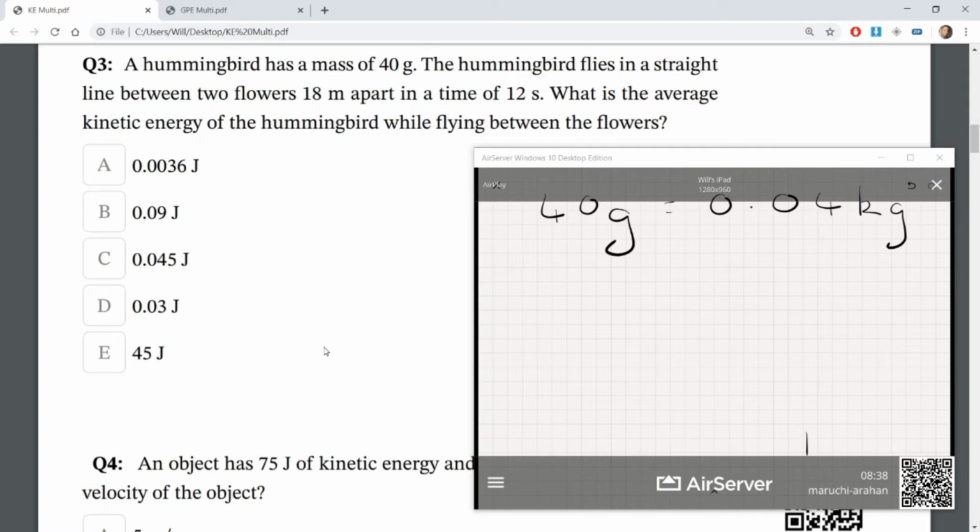Well, I've got a distance and a time taken to travel through that distance. So I can do speed equals distance over time. In this case, speed and velocity are pretty much interchangeable. So speed equals distance divided by time equals 18 divided by 12, which is going to equal 1.5.